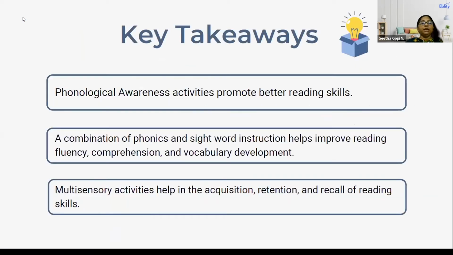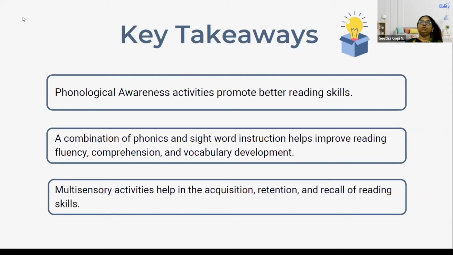So we come to an end of today's workshop. What we have gained from this workshop is that phonological awareness activities are crucial for building and promoting better reading skills. A combination of phonics and sight word instruction, hand in hand, helps to improve reading fluency, comprehension, and vocabulary development.